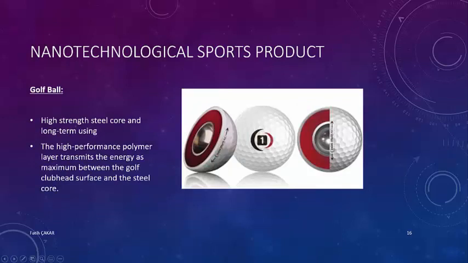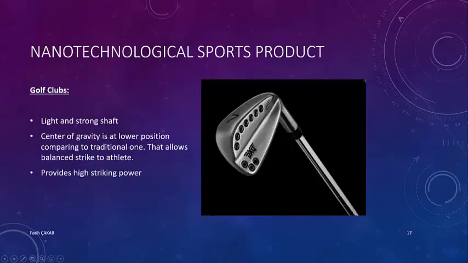Also the high-performance polymer layer transmits the maximum energy between the golf club head surface and the steel core. On the other side, golf clubs are produced lighter and they have stronger shafts. The center of gravity is closer to the club head compared to traditional ones. That allows athletes a balanced strike and provides high striking power thanks to new nanomaterials.